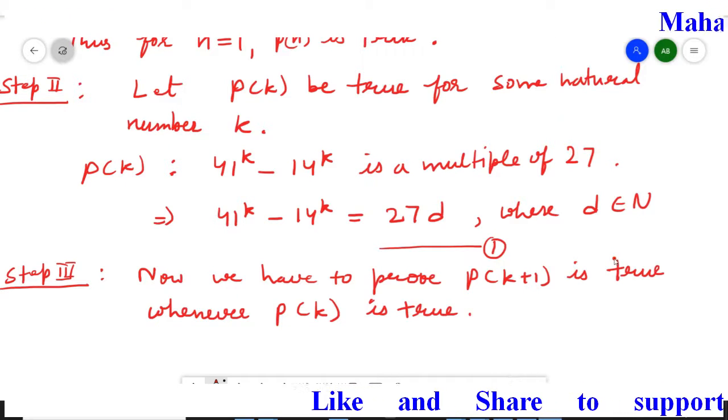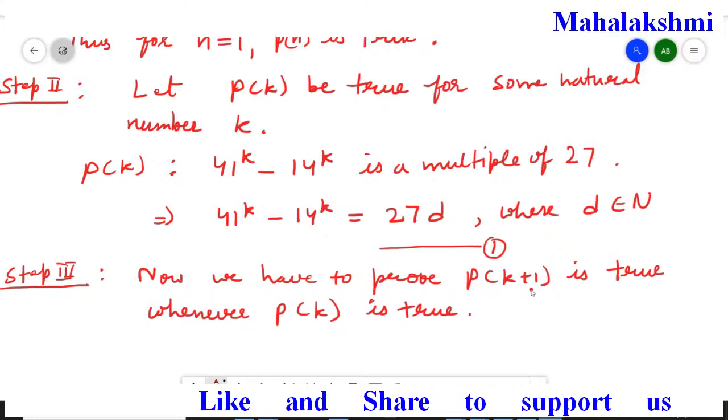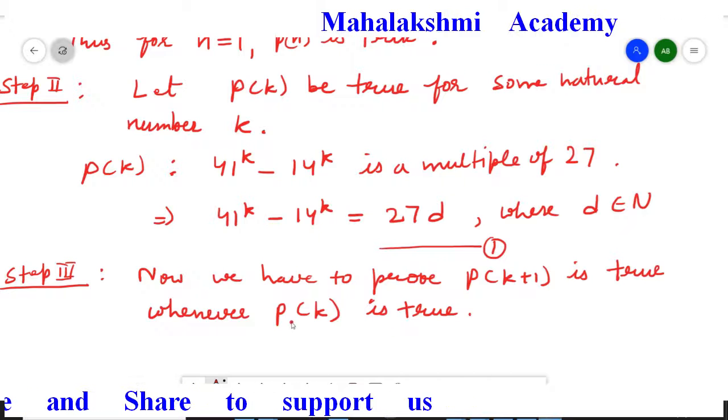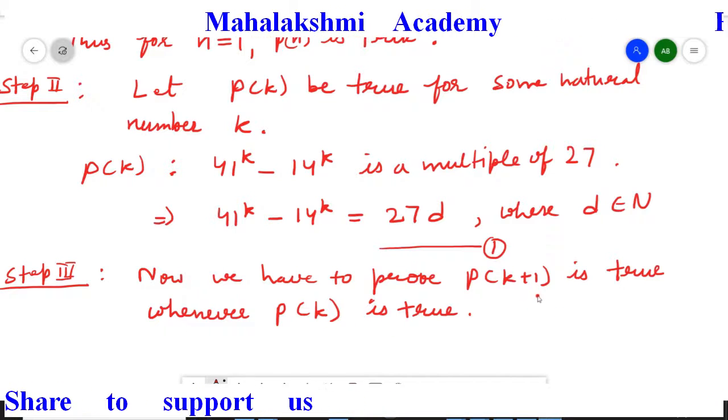So what we have to do is show that Pk plus 1 is a multiple of 27 when Pk is true. So with the help of the Pk statement, we have to bring this result.